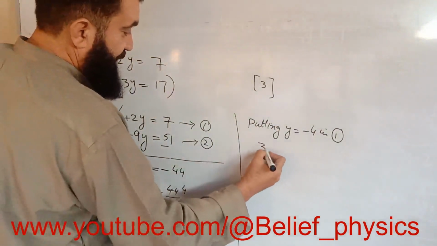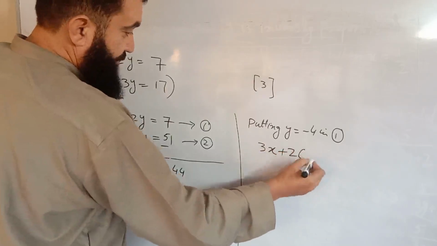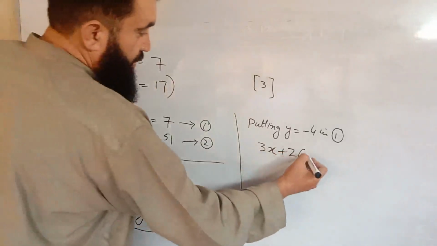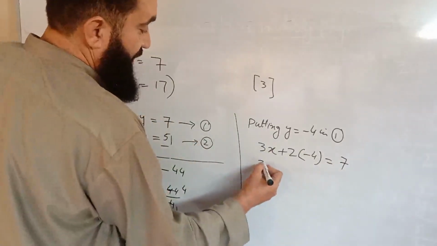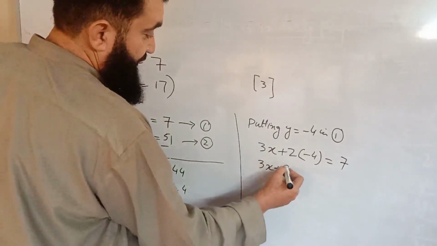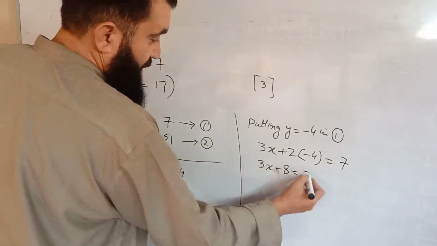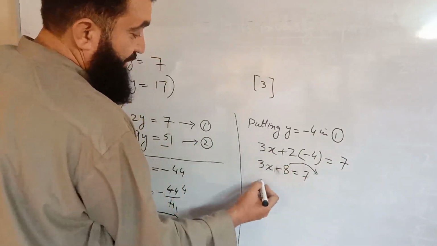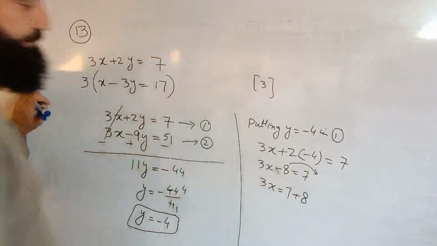Equation one is 3x plus 2y. 3x plus 2 times y, which is minus 4, is equal to 7. Now this will become 3x plus minus 8 is equal to 7. Shift 8 here, it will become plus, so 3x will be equal to 7 plus 8. Understand?